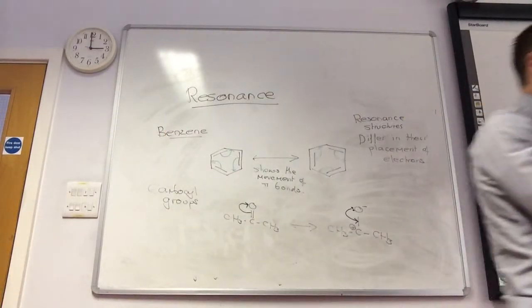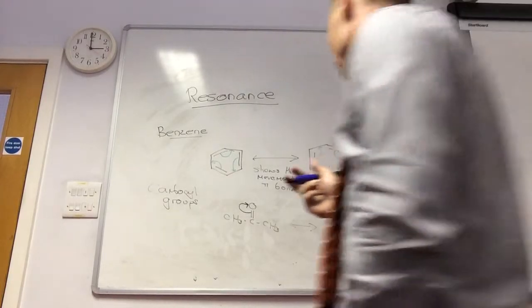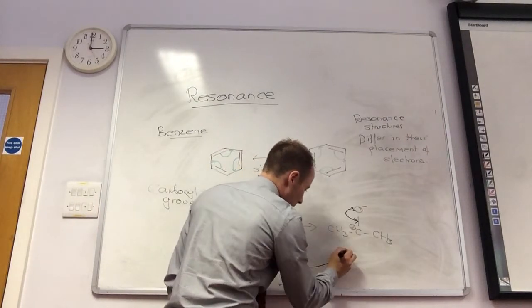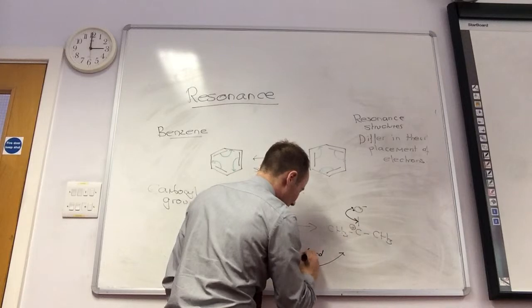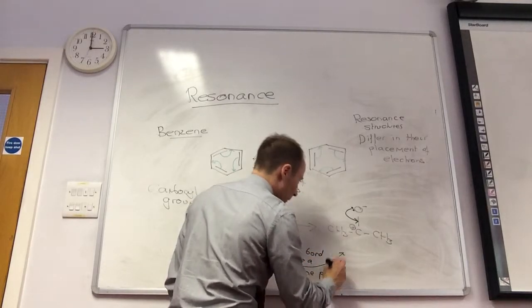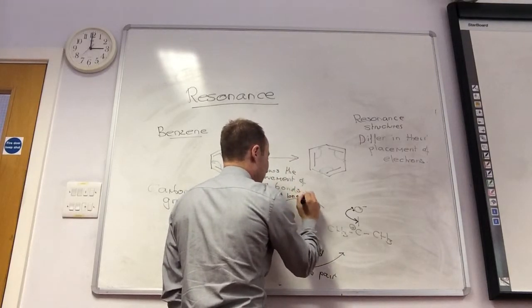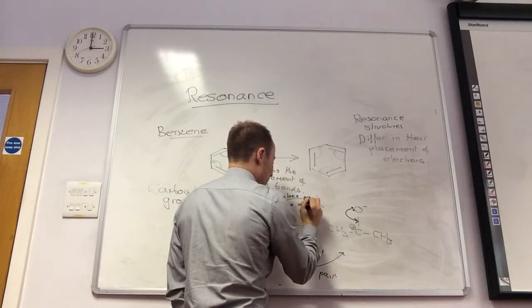So there's the other example of resonance. Going that way, we have a pi bond to a lone pair. And going that way, we've got a lone pair becoming a pi bond.